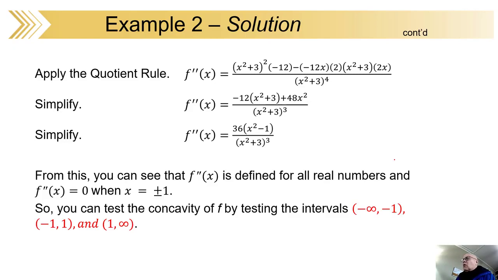If you actually try it, go ahead, try if you like. If you don't believe me, take x squared plus 3, set it equal to 0. x squared equals negative 3. x equals plus or minus the square root of negative 3, which also means those are just imaginary numbers.